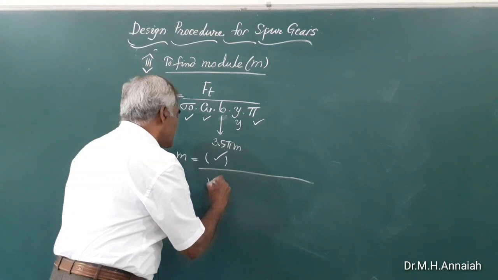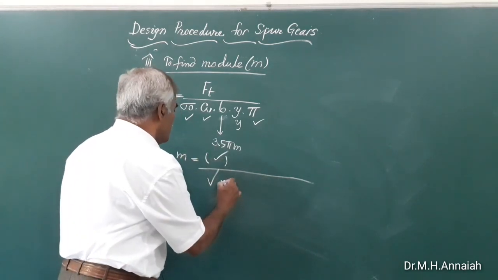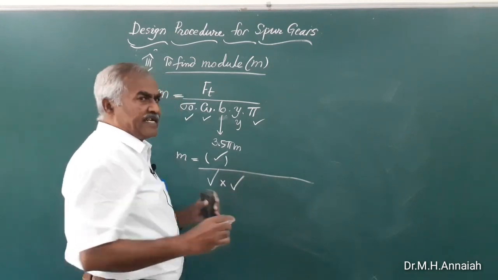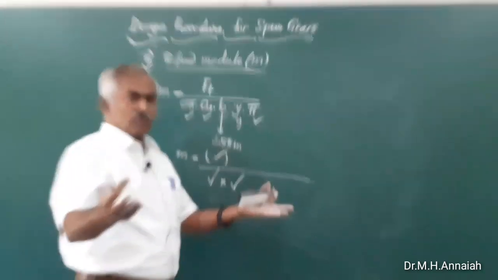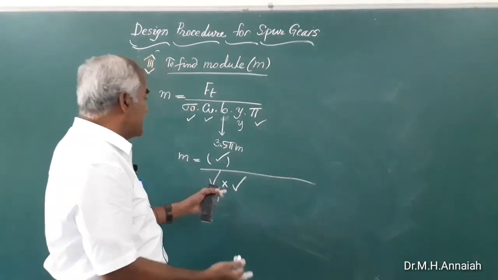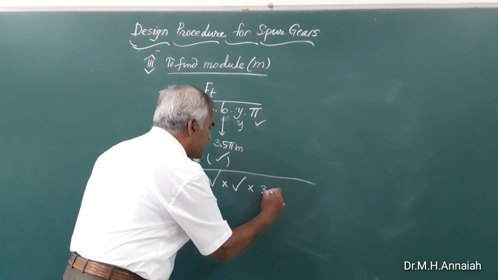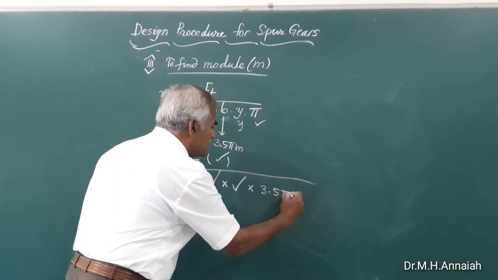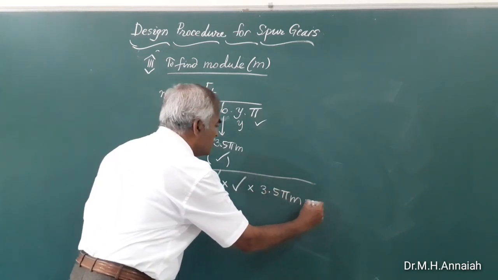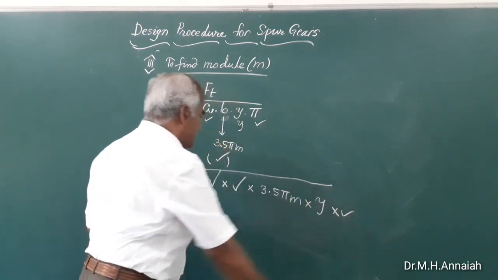Sigma naught is a value you have selected in the very first step known to you. Cv can be calculated because the diameters are known. When dia is known, velocity can be calculated, and hence this is calculated. And then this B, I am going to take it as 3.5 times pi module into Y. Y is Y, this pi is a known quantity.